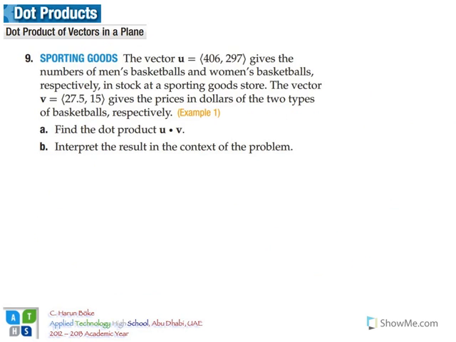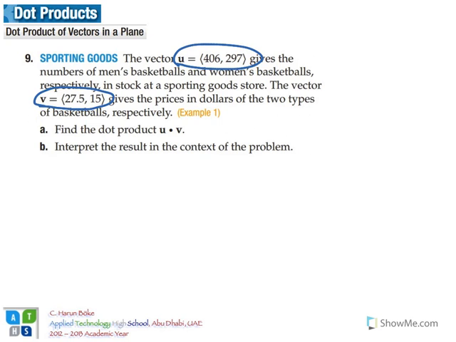Let's look at this problem. The vector u gives the numbers of men's basketballs and women's basketballs respectively in stock at a sporting goods store. The vector v gives the prices in dollars of the two types of basketballs respectively. Fine. So the first vector gives us the number of basketballs, and the second vector gives us the prices respectively.